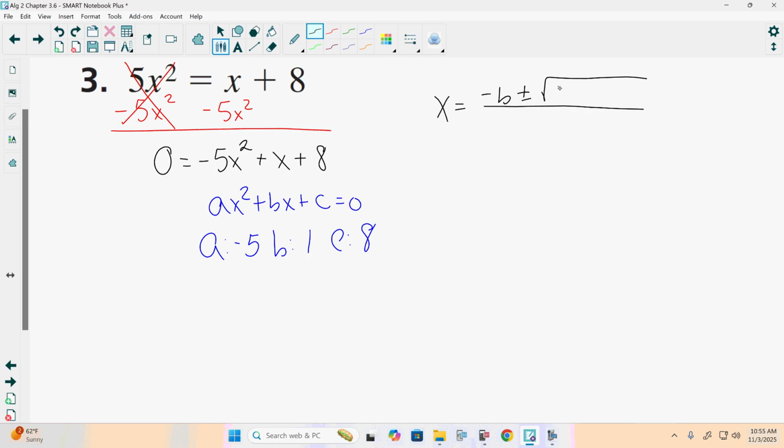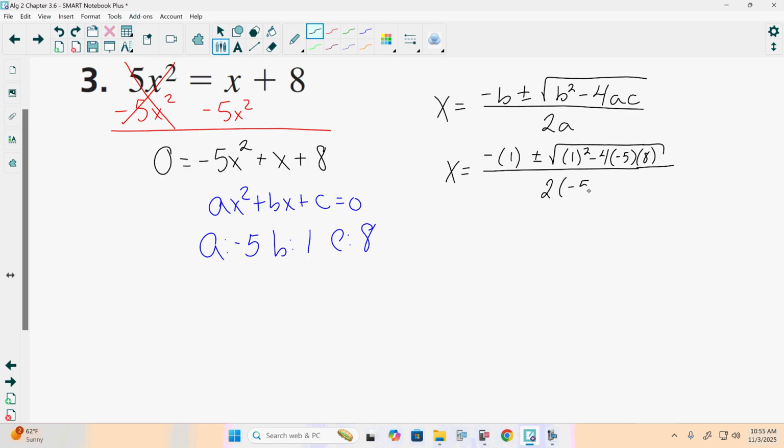And for this here, the only value that ended up being negative is A. So we have negative B, so that would be negative 1, plus or minus the square root of 1 squared minus 4 times A, which is negative 5, times C, which is 8, all over 2 times negative 5.